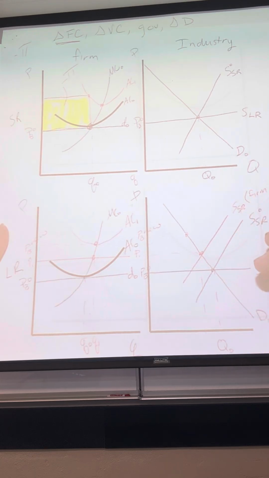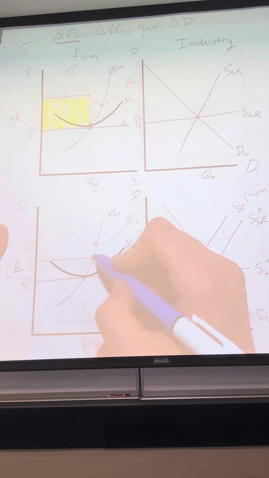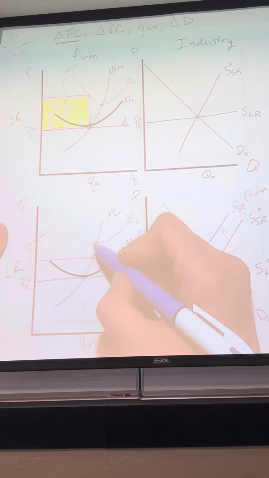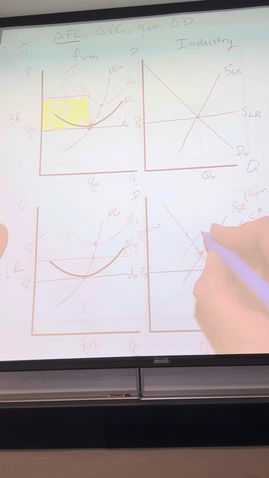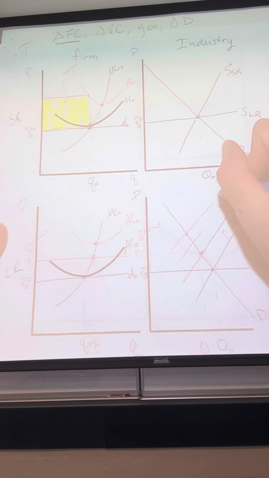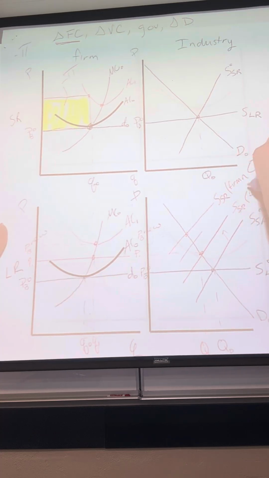And because they produce just a little bit more, but in addition with the exit, you get an industry that is smaller due to the exiting firms. So notice that there's still negative profit here. Still negative profit, so more firms have to exit. How many? We're not exactly sure, but enough until it gets priced back up to a break-even point. So this is the short run, maybe it's like firm N exits.